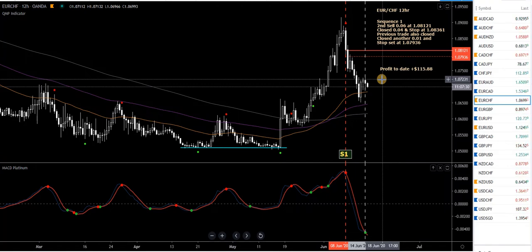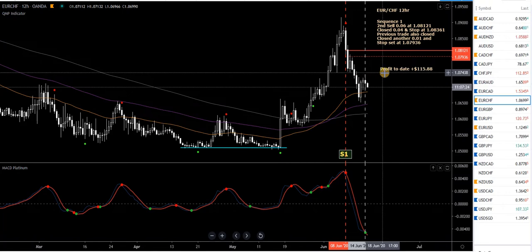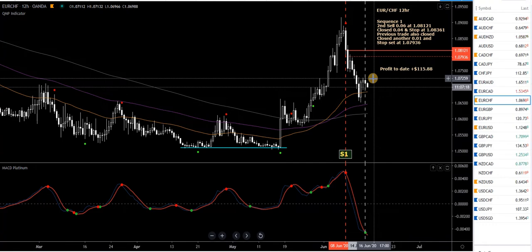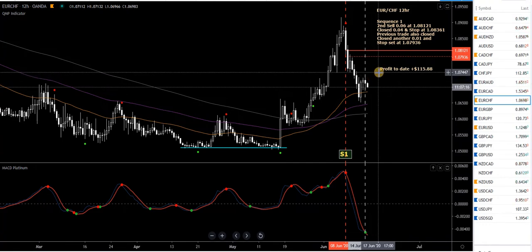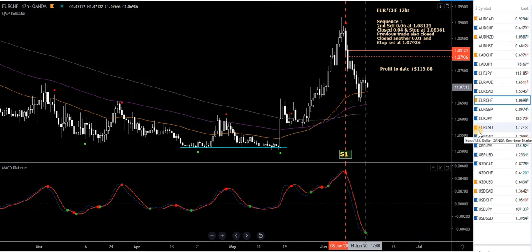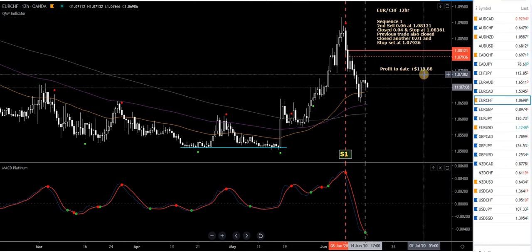$16.28. And I forgot to say previously, on the CAD Swiss, that partial close was $18.10 profit. This profit to date is the profit since I've started trading this pair. I started my watch list with about half of these pairs on the 3rd of Feb, then added a few more pairs as time went on.